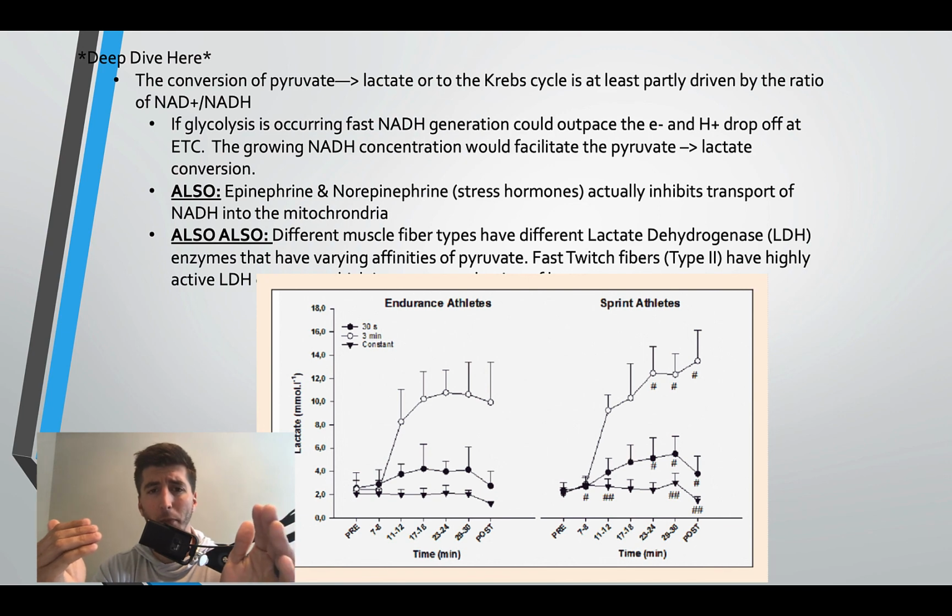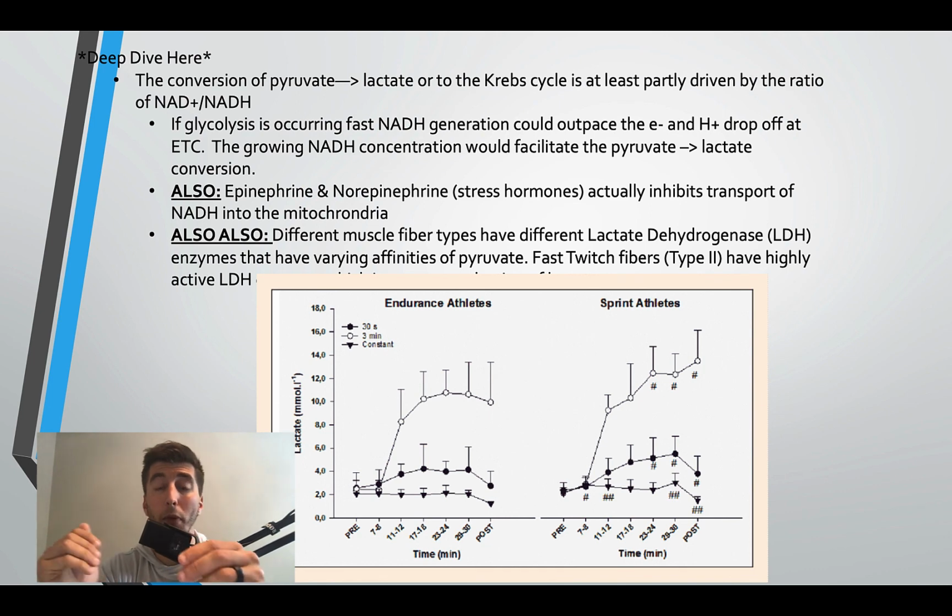Something else that's really important to know is that different fiber types, and we'll get into this more, such as fast twitch or slow twitch, or anaerobic and aerobic, muscle fibers have different concentrations and different affinity levels of lactate dehydrogenase enzymes. This is getting really into the weeds, but it actually explains why endurance athletes get lower lactate values than sprint athletes.